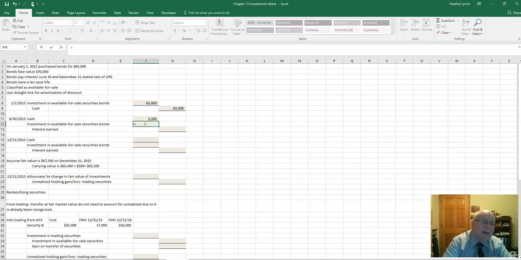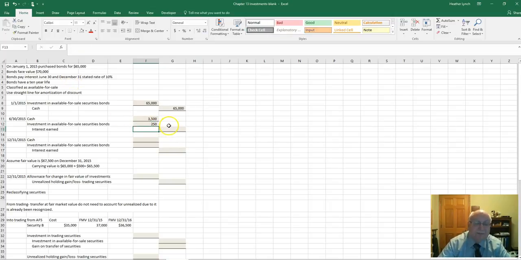Okay, that's the 3,500. Now, remember we're doing the investment account, the straight line method. So we paid $65,000 for them. 70,000 is face value. So that would be a difference of 5,000 divided by 10 years, so divided by 20, it's $250.